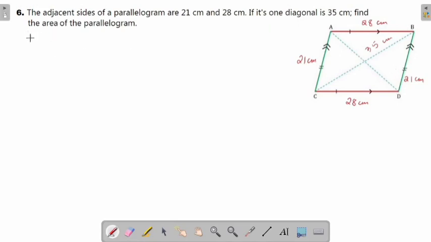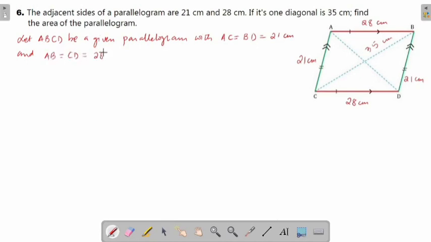So let me write: let ABCD be a given parallelogram with the sides AC equals BD equals 21 centimeter, and the other side AB equals CD equals 28 centimeter.